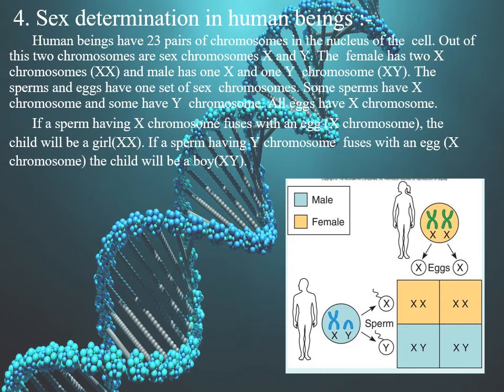If an X sperm fuses with the X egg, the child will be a girl child having XX chromosomes. And if a Y sperm fuses with the X egg, then the child formed will be a boy having XY chromosomes.